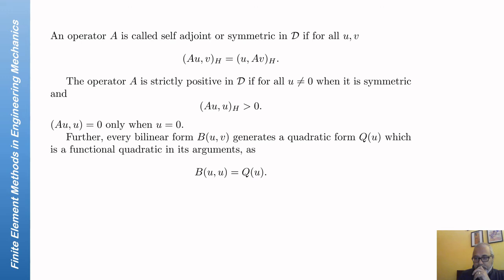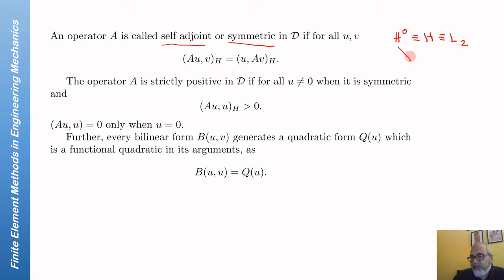So in general, three definitions. First is the definition of a self-adjoint or symmetric operator in a region D, where we are using H0 as equivalent to H, which is equivalent to L2. So if the inner product between AU and V is the same as the inner product between U and AV, then the operator A is called self-adjoint.